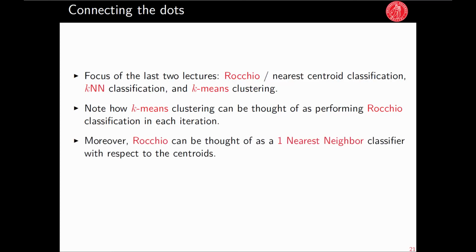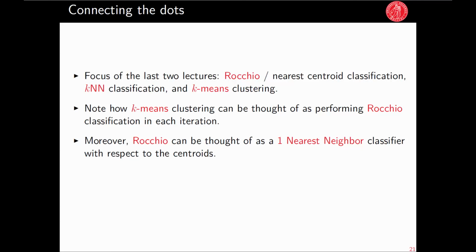But also note that Rocchio classification in itself can be seen as an instance of performing k-nearest neighbor classification. Performing Rocchio classification can be thought of as doing one nearest neighbor classification with respect to the centroids.